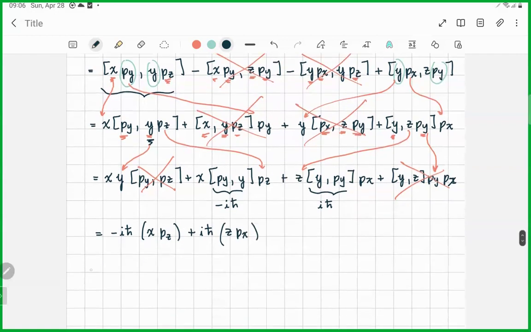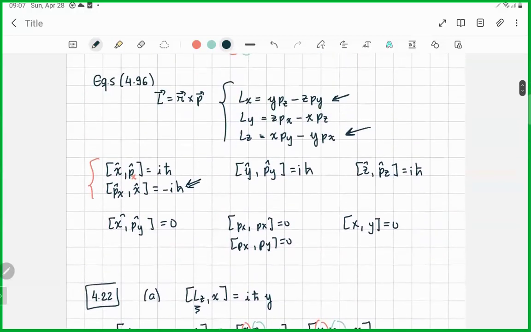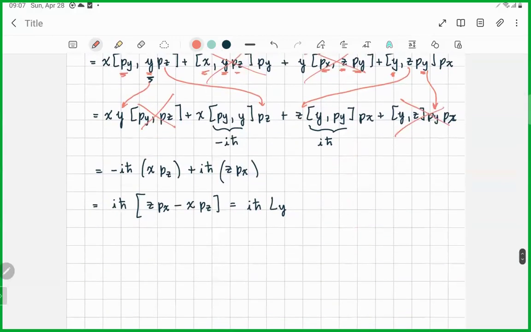So we can write this as iħ (Z PX minus X PZ). This is iħ of LY. Okay, if you go back to what we wrote here, you will see that we obtained this LY. Okay, very good. So we arrived where we wanted.